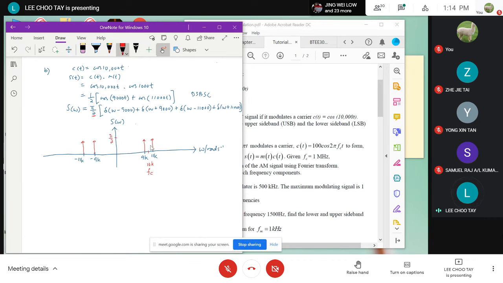Anything lower than your carrier frequency will be your lower sideband, and anything higher than your carrier frequency will be your upper sideband. Same thing on this side: minus 9 is the same as the signal at plus 9. So again, this is lower sideband and this is your upper sideband.